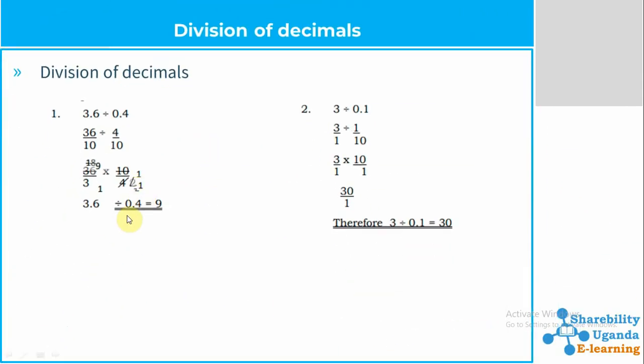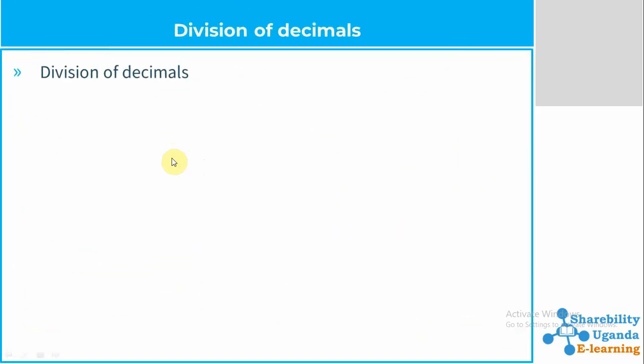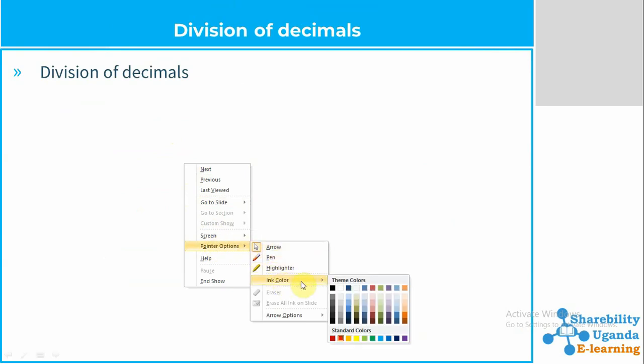Okay, so let's look at our number which is given. We want to see whether we can get to this. We have 3.6 divided by 0.4. Let's get our pen here.